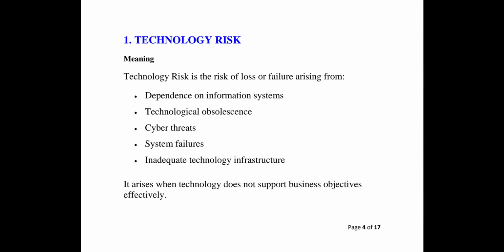Examples: in technology risk, system outages, software bugs, compliance failures; in cyber risk, phishing, malware, and ransomware. Relation: technology risk is the broader category, and cyber risk is a subset of technology risk. Technology risk is about safeguarding IT systems and data to ensure business continuity and resilience.